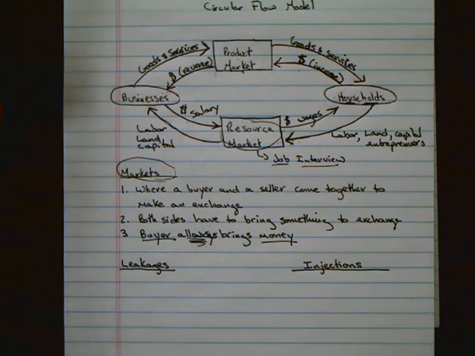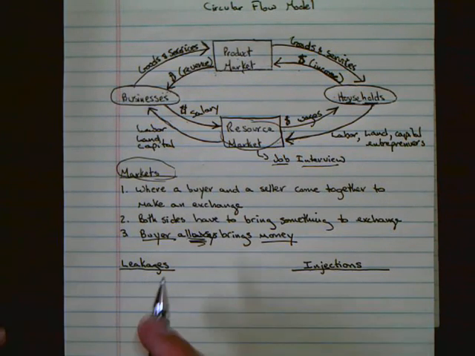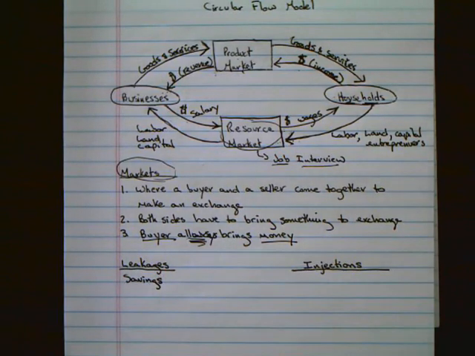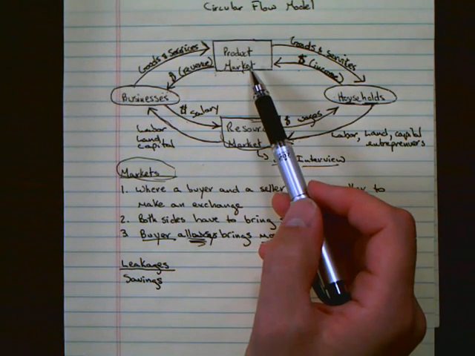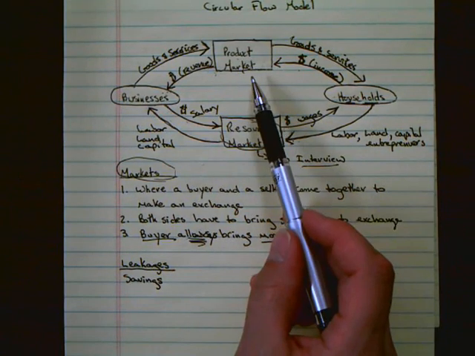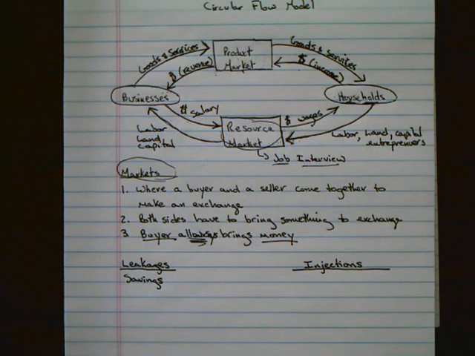Now, there are three reasons why a percentage of your paycheck is not going to enter the circular flow model. Okay? We call those reasons leakages. The number one leakage, the most common leakage, is savings. If you are saving your money, you are not putting it in the product market, are you?